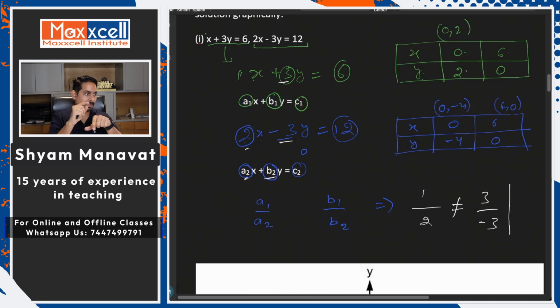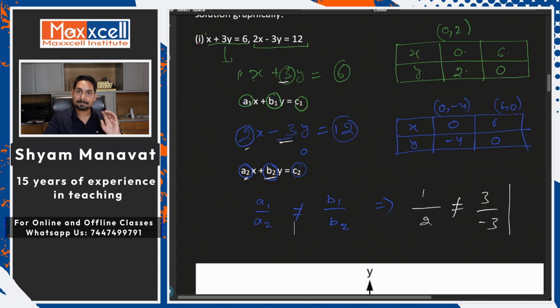If the ratio A1 upon A2 equals B1 upon B2, that means the slopes of both lines are equal, and if the slopes of lines are equal, they will run like parallel lines. Okay, that's the case. So here, it is not equal.